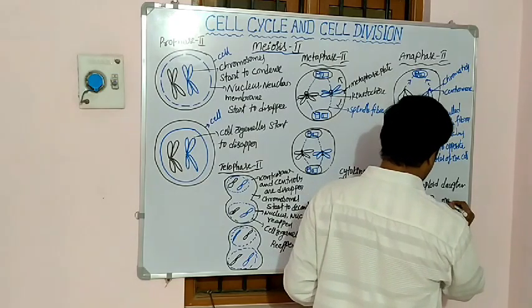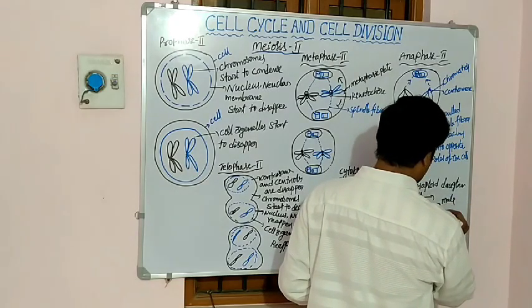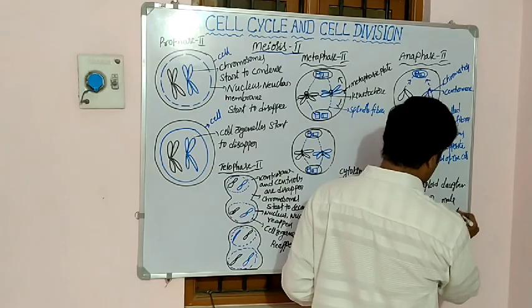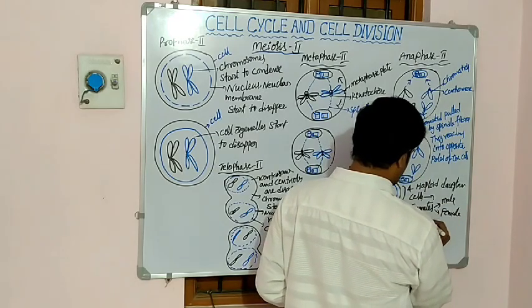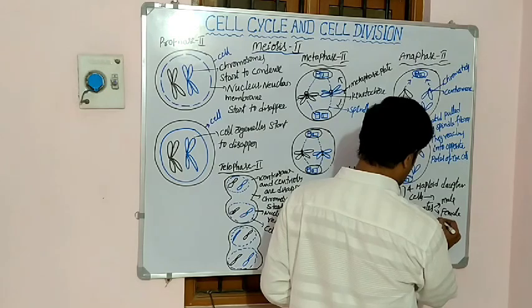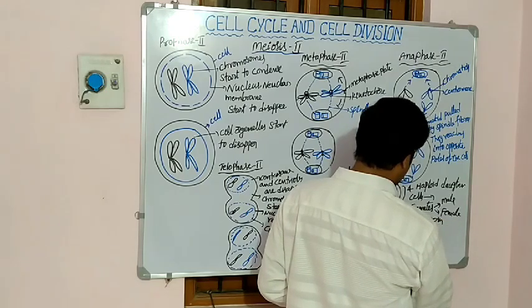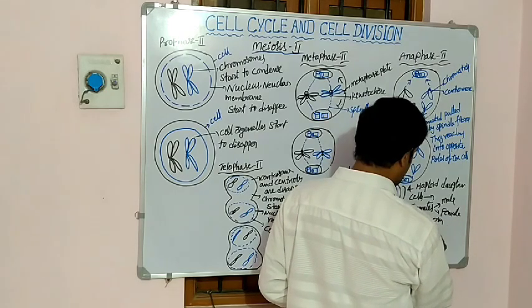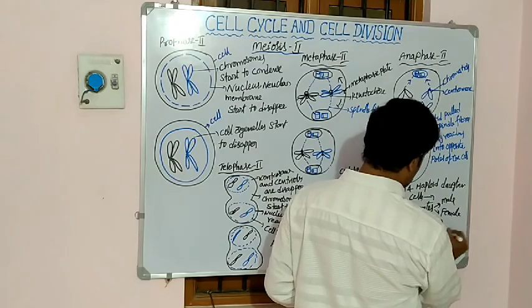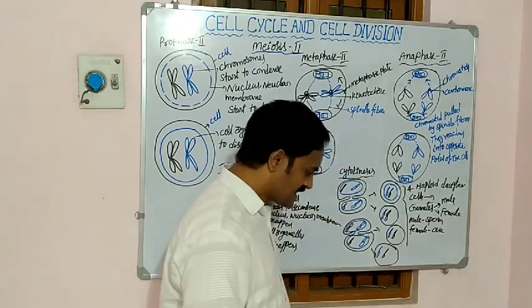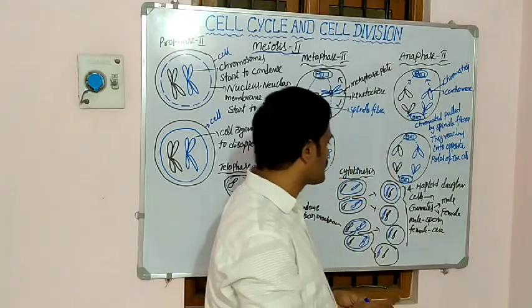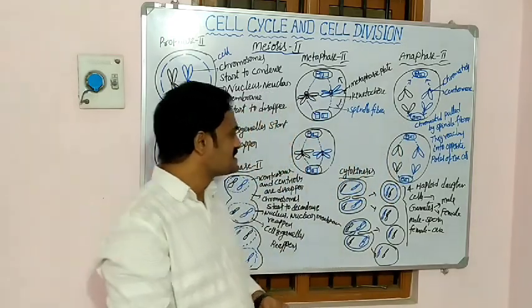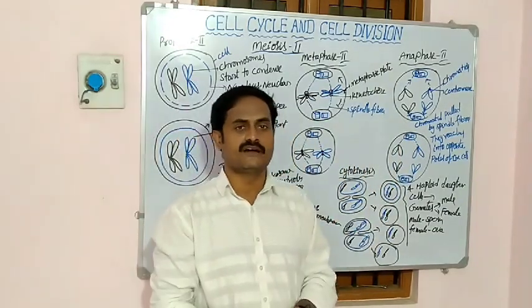Already you know, male indicates what? Sperms, and female indicates ova. So only the reproductive cells like sperm cells or ova are formed from meiosis II.